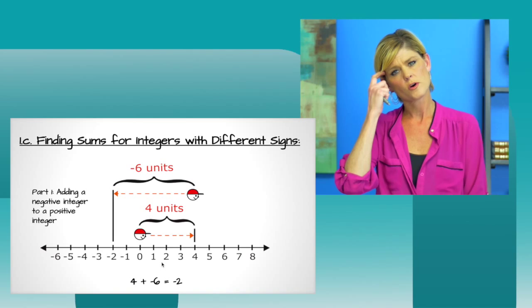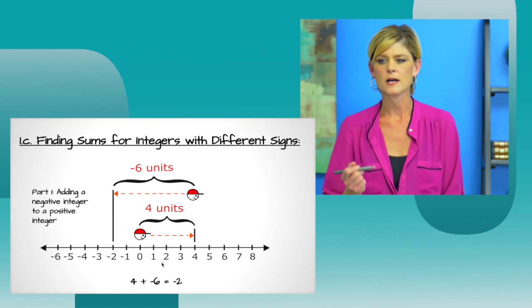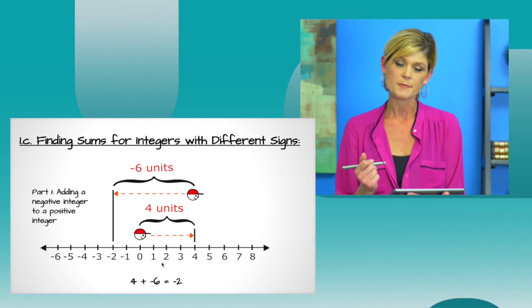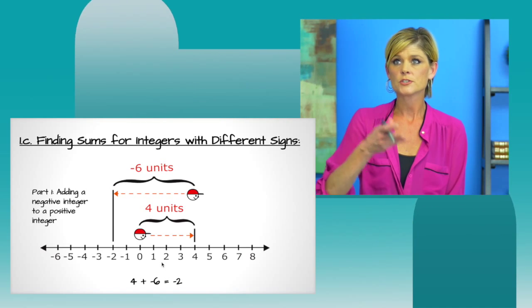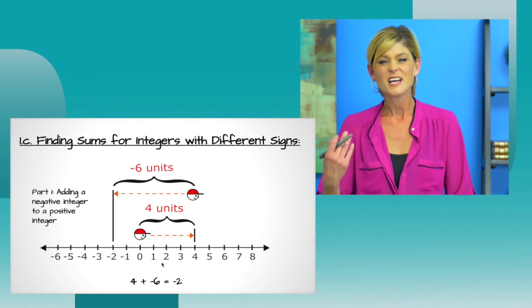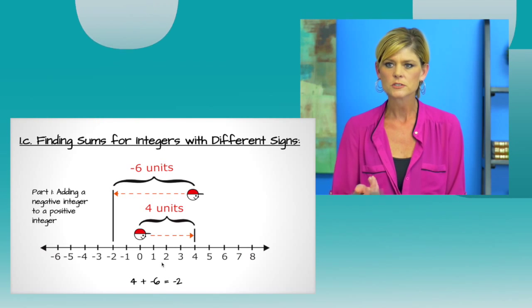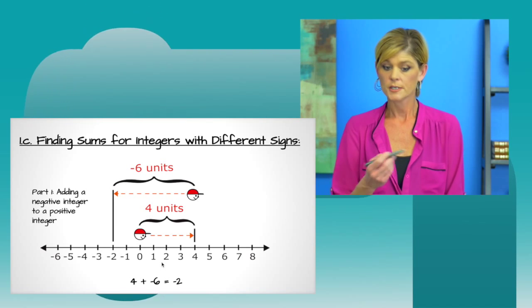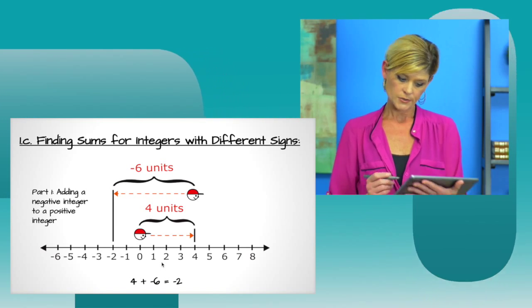Okay, it seems more complicated, but it's actually not, when we're talking about adding a negative integer to a positive or a positive integer to a negative integer, especially when you're using smaller numbers that you can plot out on a number line. So let's take a look at our little guy now.